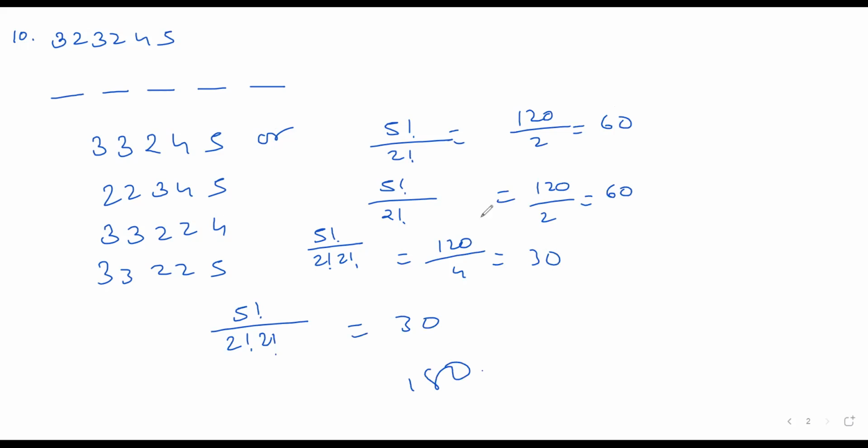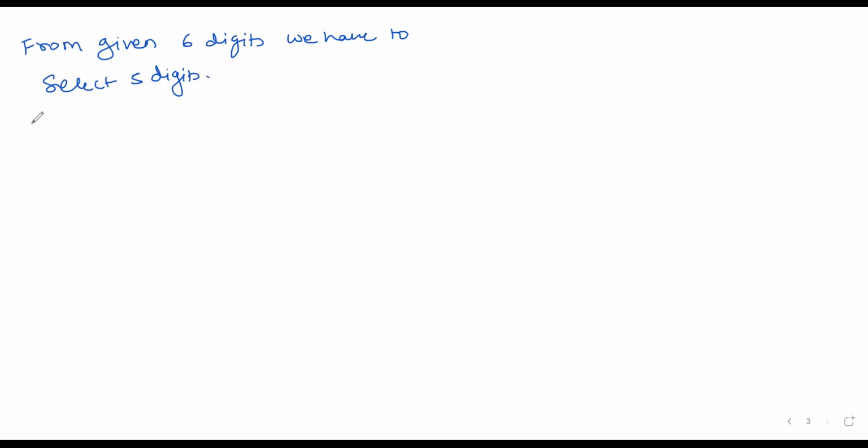I'll again explain. From the given 6 digits, we have to select 5 digits. So they can be either 2 alike and 3 distinct.